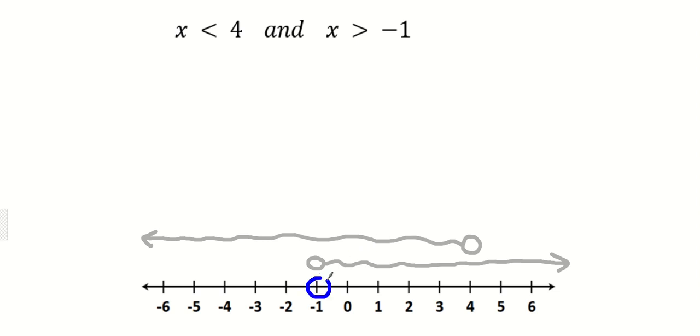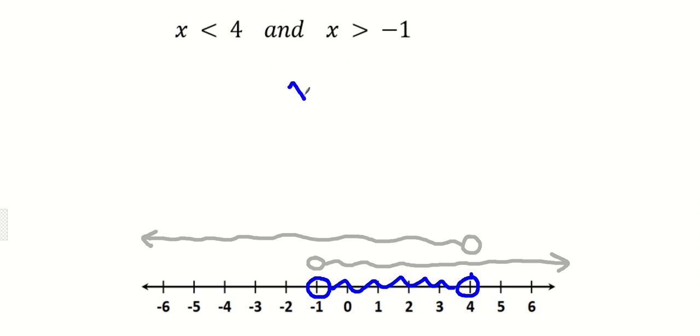Then we're going to have a final graph of that. Numbers like 0 and 1 and 2 and 3, but also 3.5, -0.27, whatever.